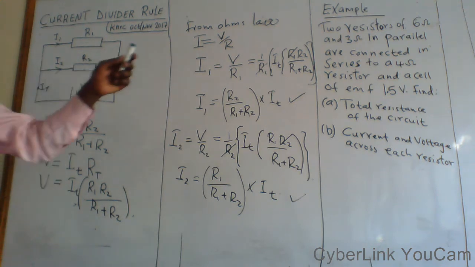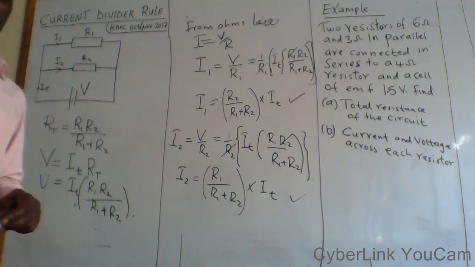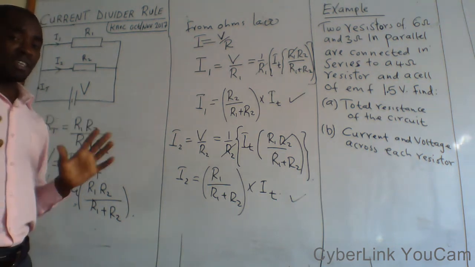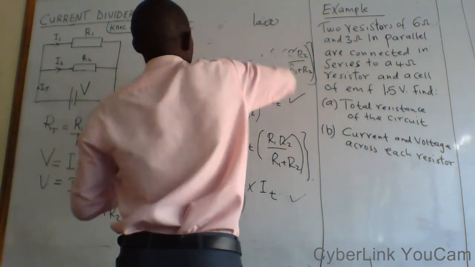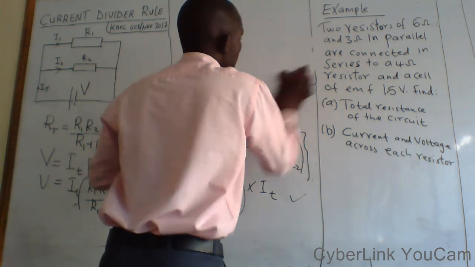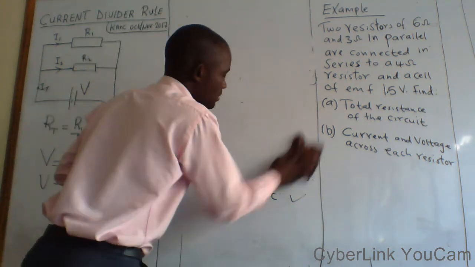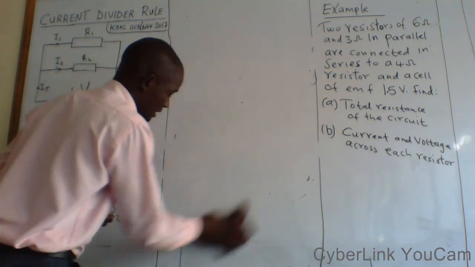We want to move ahead and solve one example where we shall apply that. Remember, if you want to get the current in the first branch, you need to use the resistance in the second branch. So we want to look at an example very fast. The example reads: two resistors, 6 ohms and 3 ohms, are connected in parallel.